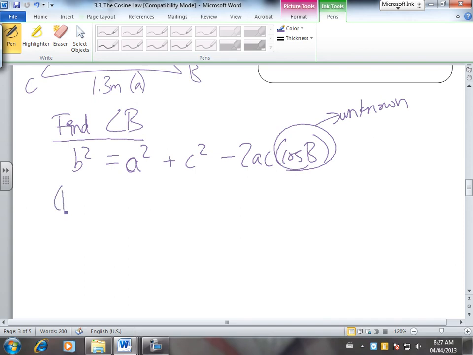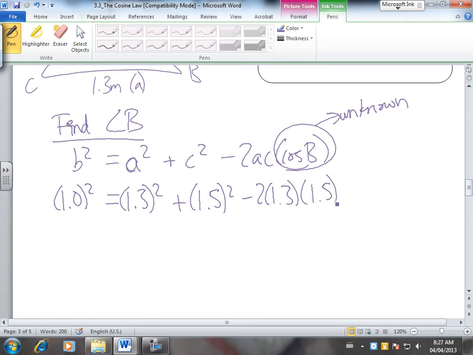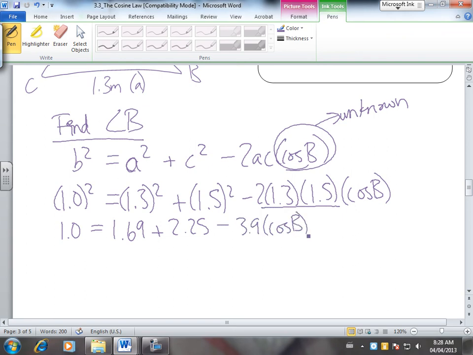We have 1.0 squared equals 1.3 squared plus 1.5 squared minus 2 times 1.3 times 1.5, and we're going to keep our cos B because we don't know what that is. So 1 squared equals 1; 1.3 squared is 1.69; we have 2.25 minus, and then 2 times 1.3 times 1.5 is 3.9. Again, cos B stays unknown.